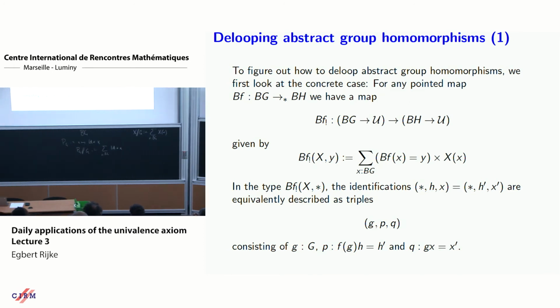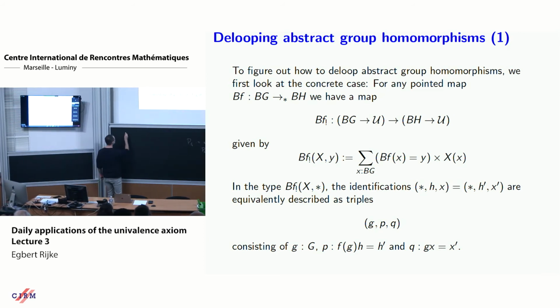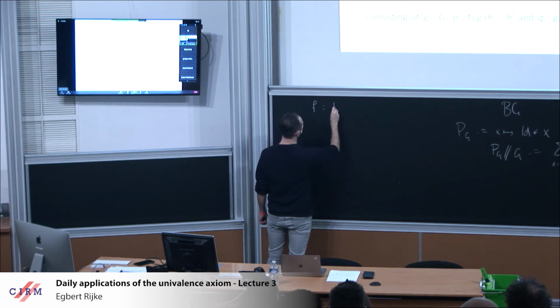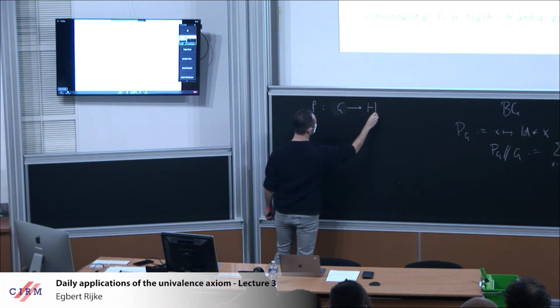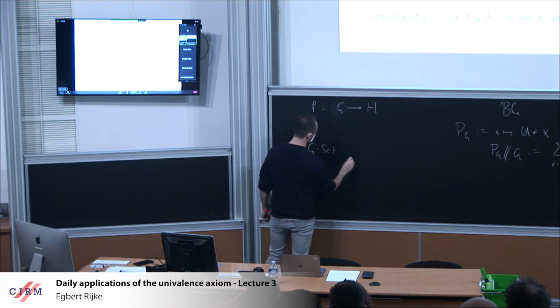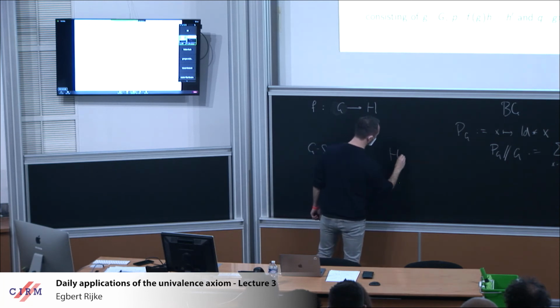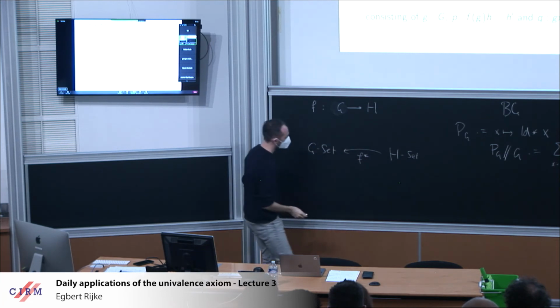I'm going to get some chalk. We have our group homomorphism F from G to H. And then G-set and H-set are categories. We usually have F star going in this way.